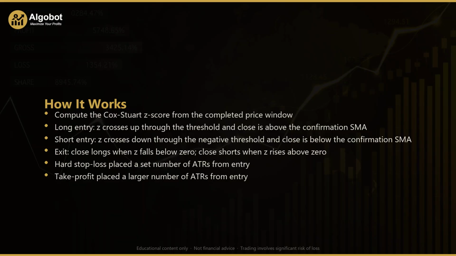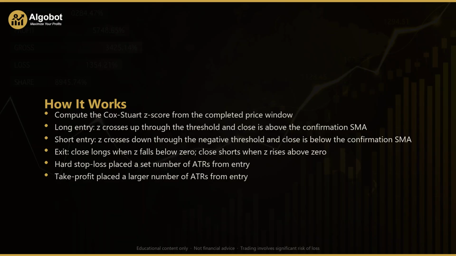Exits work on the same statistical idea in reverse. The core exit is loss of trend significance. If you're long and the z-score falls back below zero, the drift has evaporated, so the EA closes the trade. If you're short and the z-score climbs back above zero, the short is closed. This lets a position stand down before the trend fully decays. On top of that, every trade carries hard protective levels.